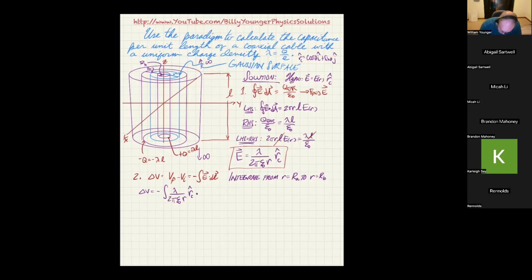So I'm going to say I'm integrating this from RA to RB. And that means my differential length element, dl, has just got to point in the positive coordinate direction, which in this case is going to be dr R C hat. In other words, it's the positive one.